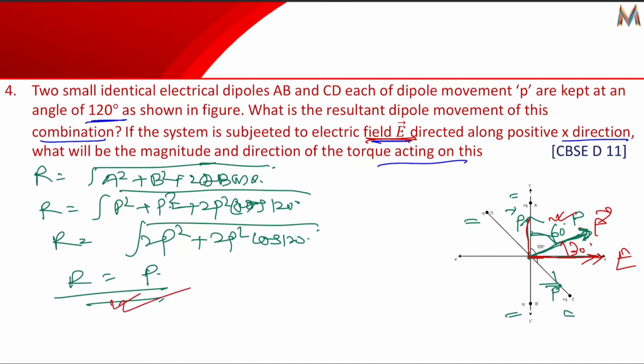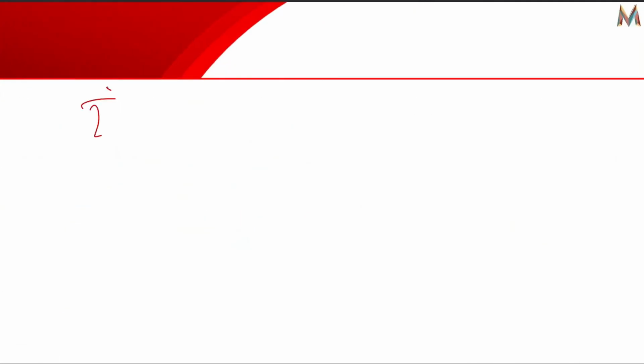So the resultant dipole moment at this point is P, and this resultant dipole moment makes an angle of 30 degree with the x-axis. Now let us find the torque at this point. We know the formula for torque: P cross E, that we can write as PE sin theta.